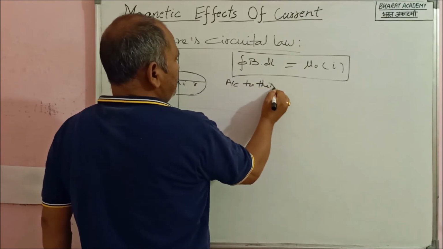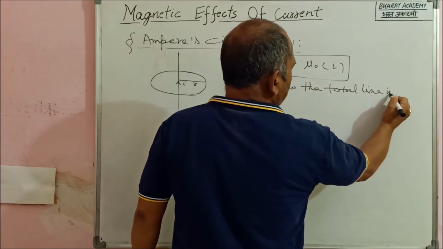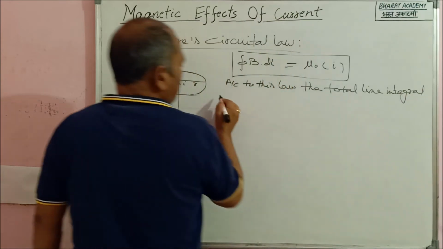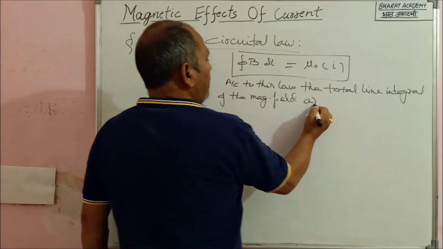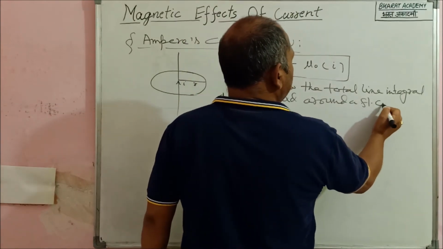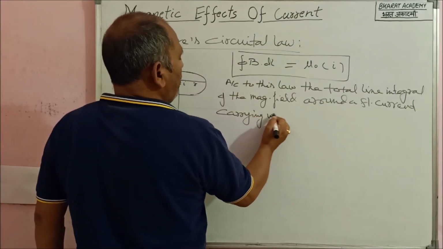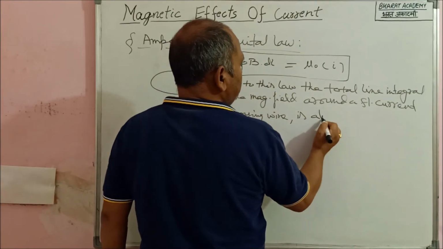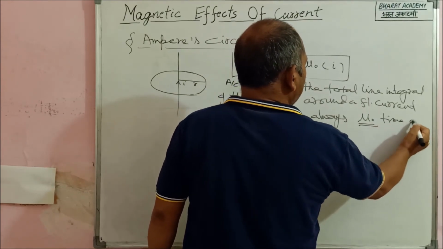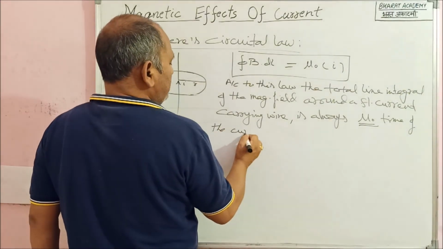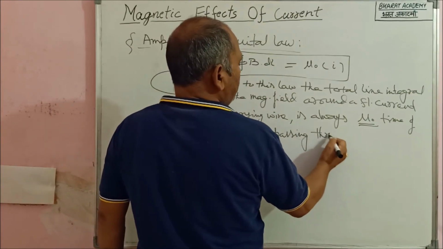According to this law, the total line integral of the magnetic field around a straight current carrying wire is always mu 0 times, remember, mu 0 times the current passing through the wire.